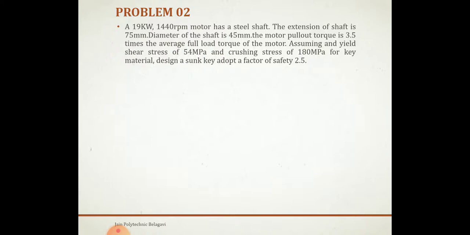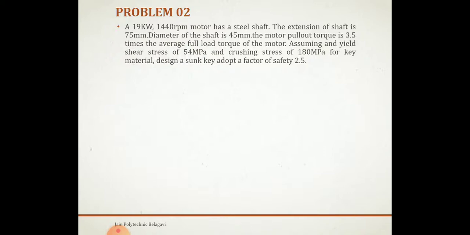Okay, so I'll read out the problem first. A 19 kilowatt, that is the power, and 1450 rpm, that is the speed, motor has a steel shaft. The extension of the shaft is 75 mm. The diameter of the shaft is 45 mm.